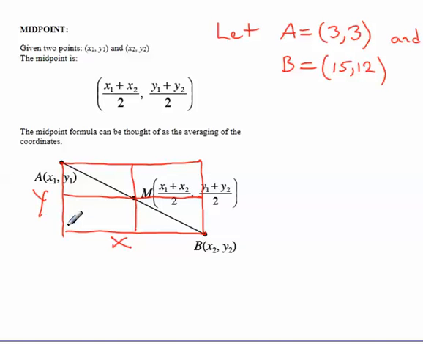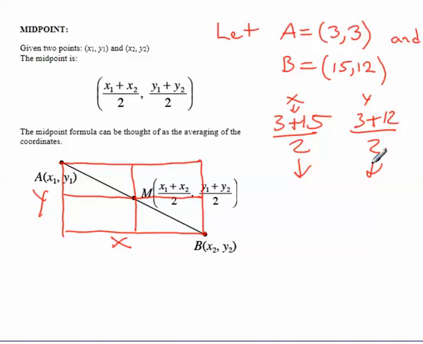So let's give this a try. Our x's average together: 3 plus 15 divided by 2. This is going to create my new x. And then I'm trying to find my new y. The y is right there: 3 plus 12 divided by 2.